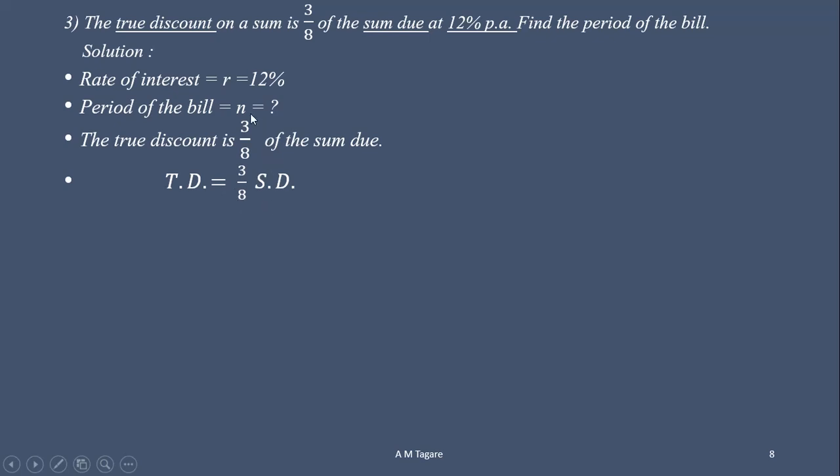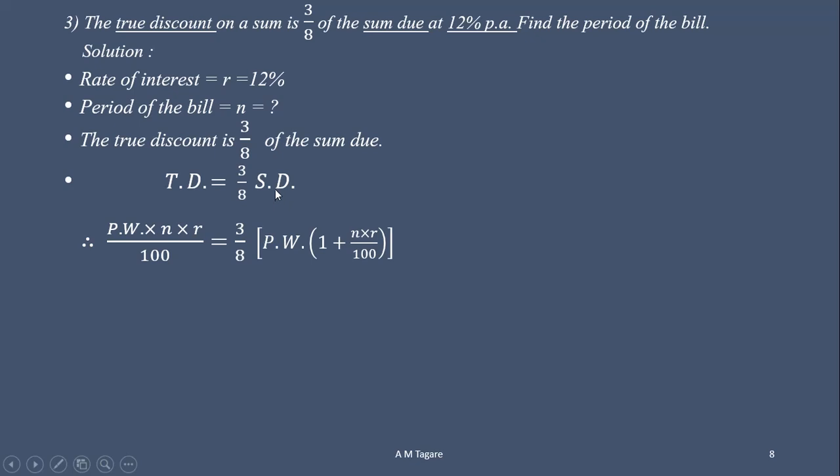Now we want to find value of n, we know r. Now here true discount is unknown, sum due is also unknown. So we have to use those formulae connecting such that there is one common term. True discount, we know it is PW into N into R upon 100. Now for sum due, it is also unknown for us.